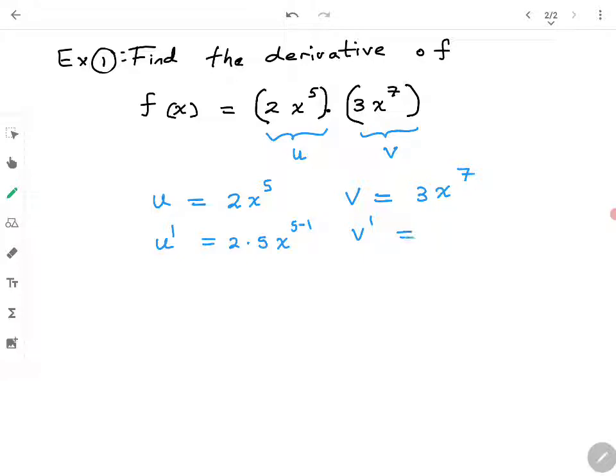Similarly for v prime, there's a power, so you use the power rule: you bring down the exponent 7 and subtract 1 from that exponent. Now we can simplify this. 2 times 5 becomes 10, and the exponent becomes 4. And here 3 times 7 is 21, and the exponent turns into 6.